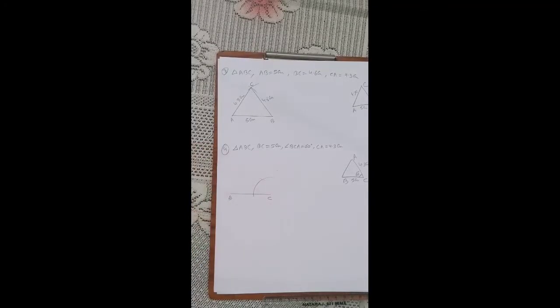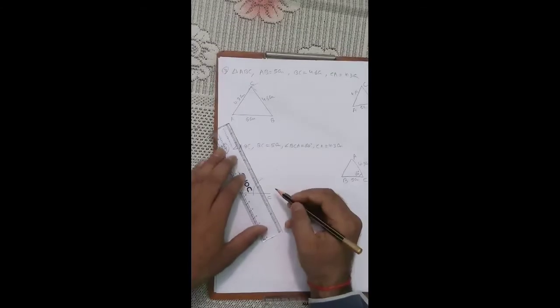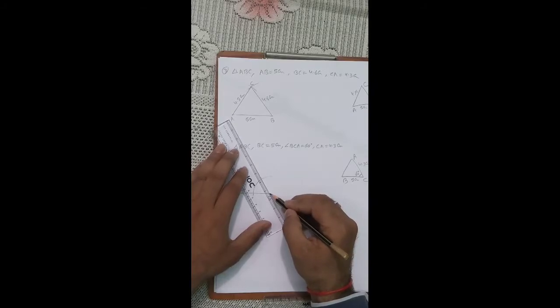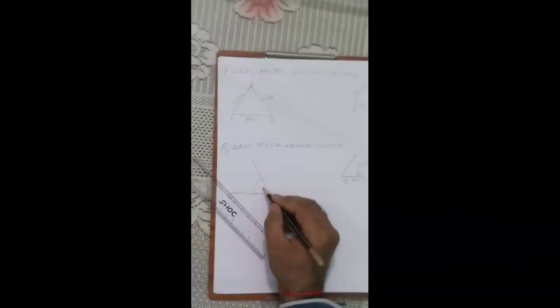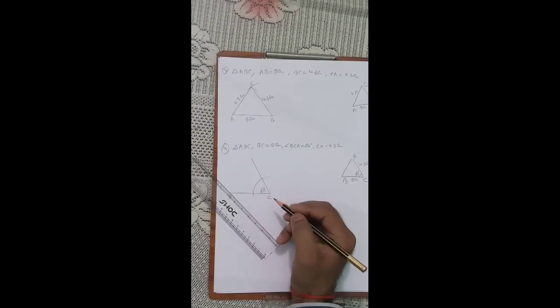Understood? Now this intersection of arcs will be joined with C. See here, from C we will draw a line which will pass through this intersection point. This angle will be 60 degree.